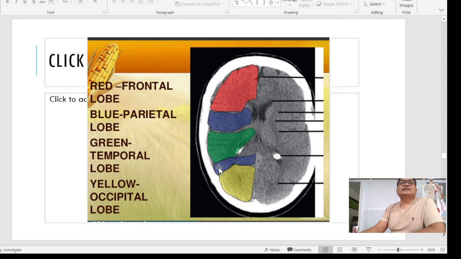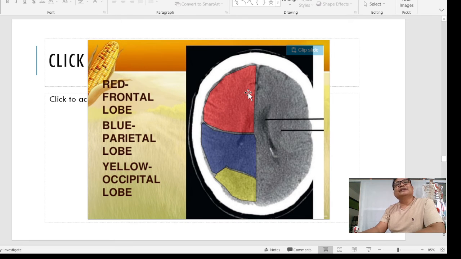Temporal, then here the occipital lobe. The blue is the parietal part. The temporal is getting smaller and will later disappear, because we will only see the frontal, the parietal, and the occipital. Just like this one, with the banana still present.